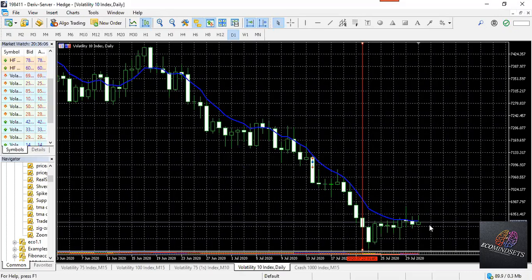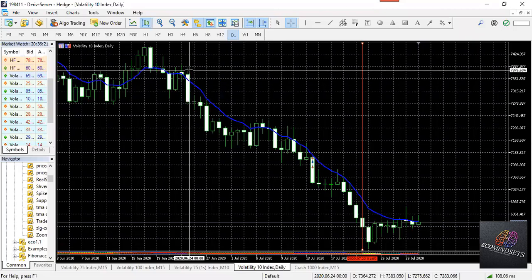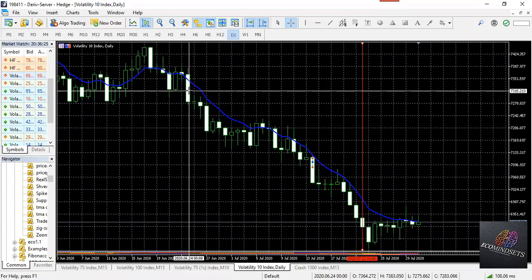But normally, let me explain. When trading volatility pairs using this strategy, look out for strong momentum candles. What do I mean by that? Look out for candles where the body formed is more than 80% of the wick that has been formed.